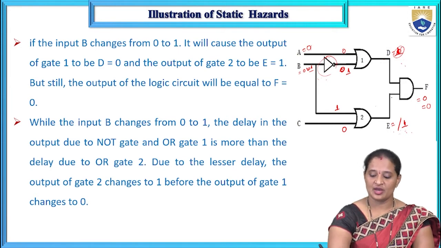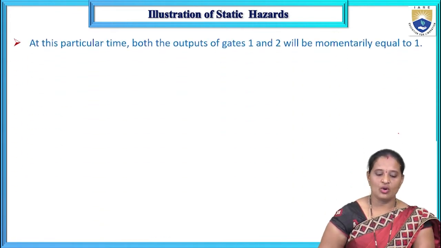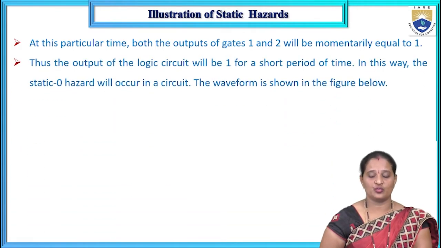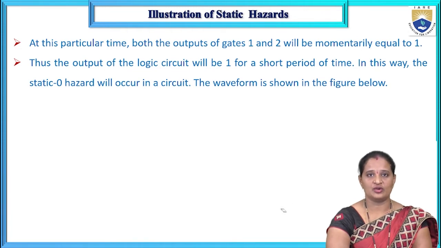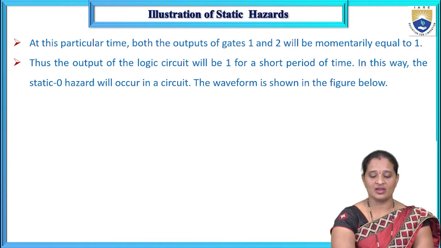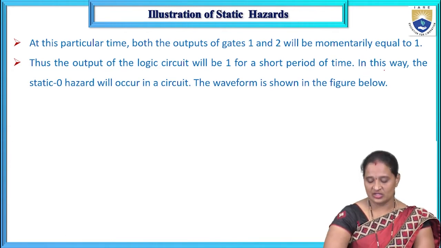But before it changes to 0, the E output changes to 1. So at this particular time, both the outputs of gates 1 and 2 will be momentarily equal to 1. Thus, the output of the logic circuit will be 1 for a short period of time. In this way, there exists a static 0 hazard.